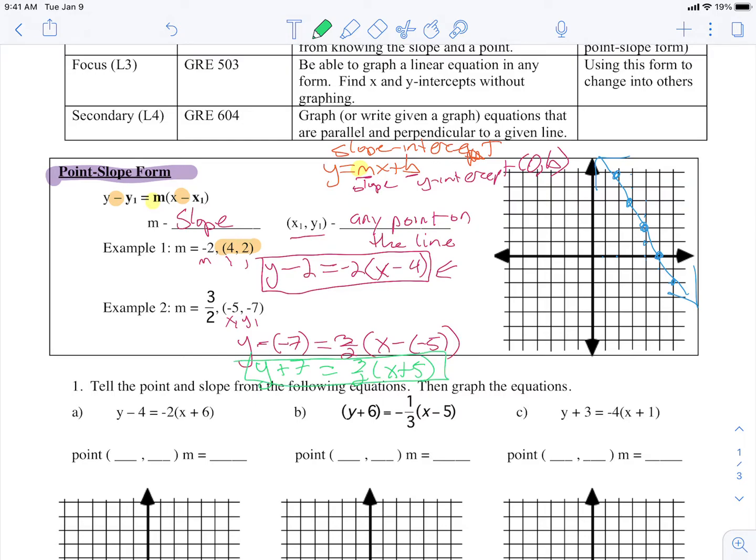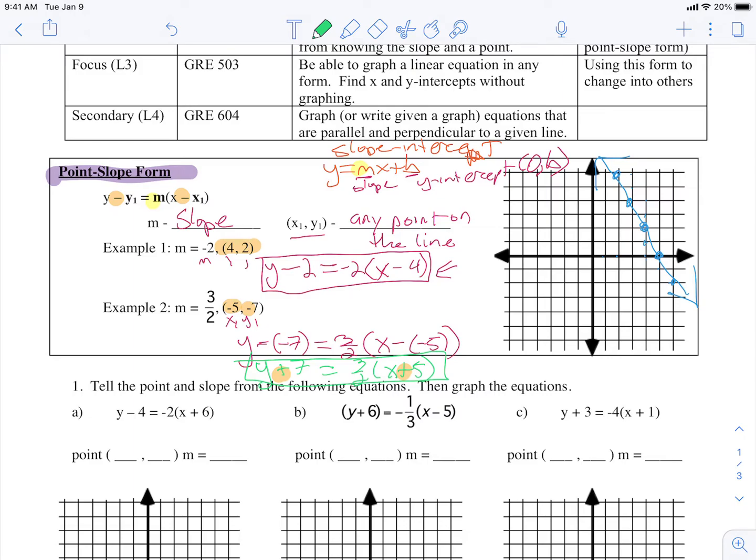So now when we're working backwards, you got to remember that if it's a plus here, that means it was originally a negative. So that's something that will come into play real soon. But just know that in the original form, it's y minus y1, x minus x1, and then when you're given those coordinates or you're given the equation, you got to work backwards and remember to change the sign.